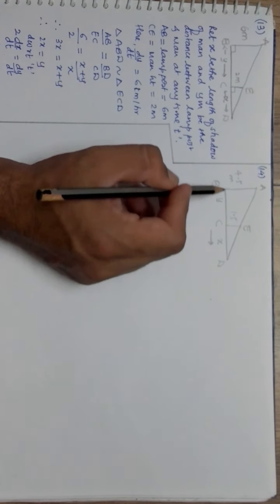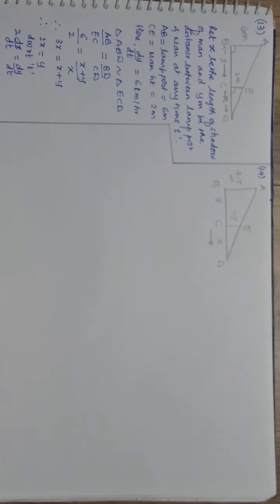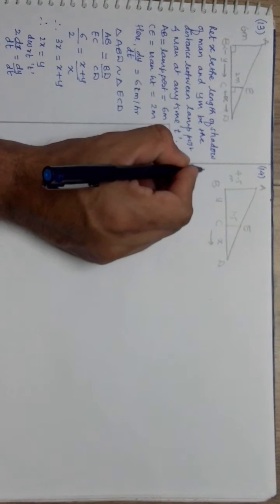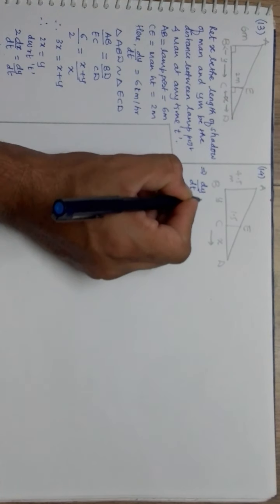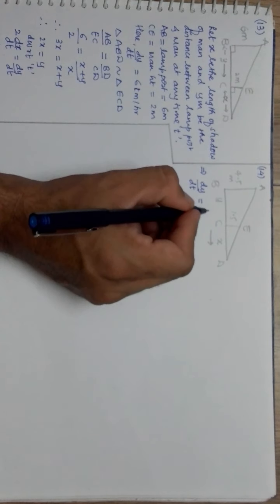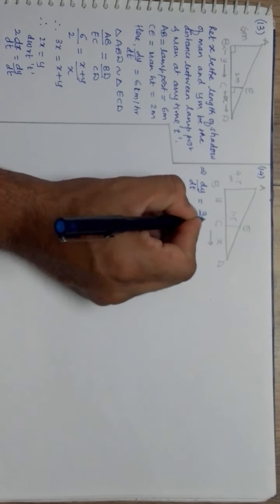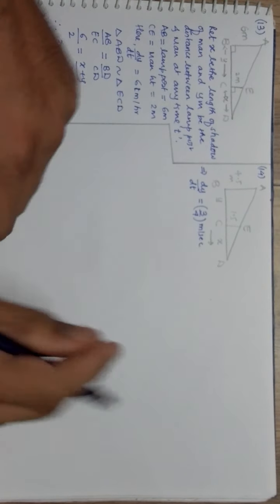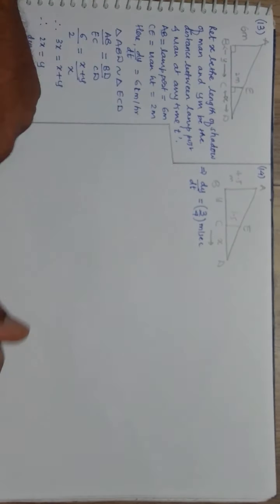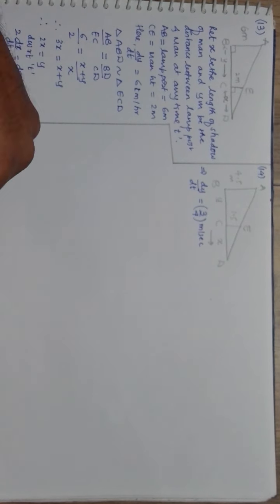Agreed? So this will be your dy by dt. Keeping the previous part as it is, dy by dt is given to you as 3 by 4 meters per second, and everything else remains the same.